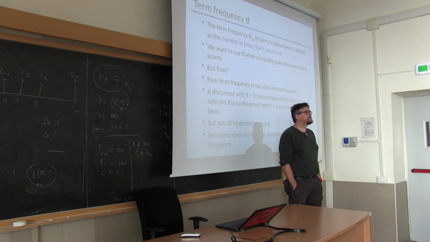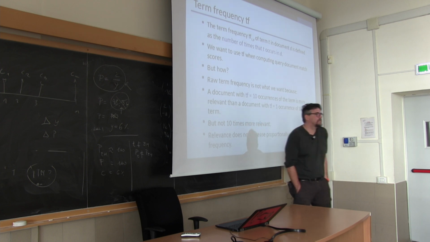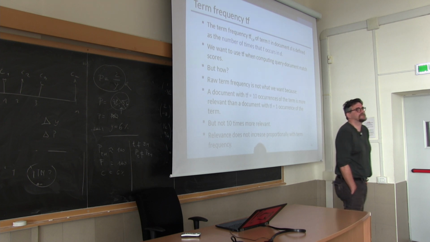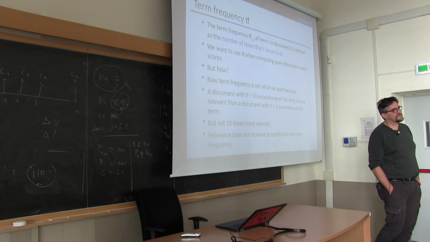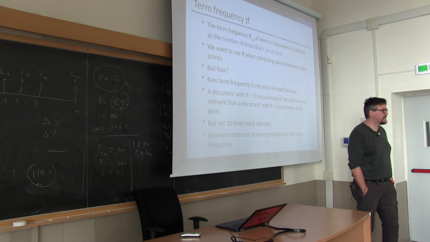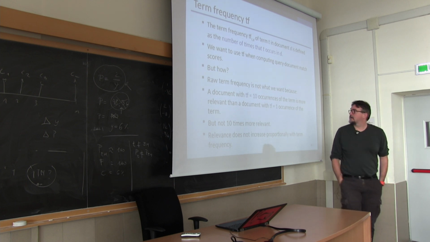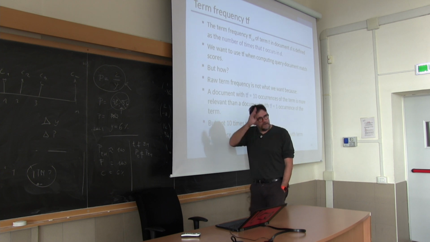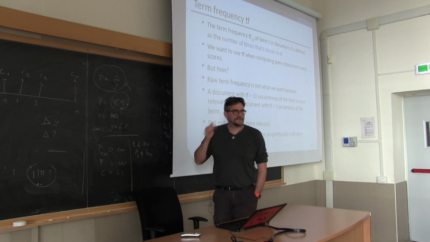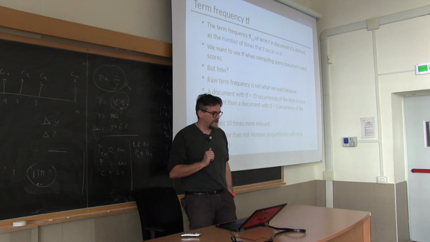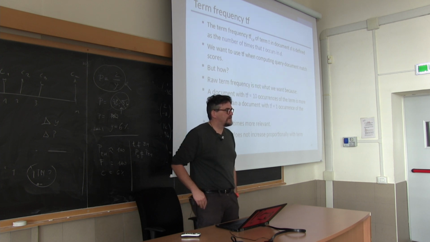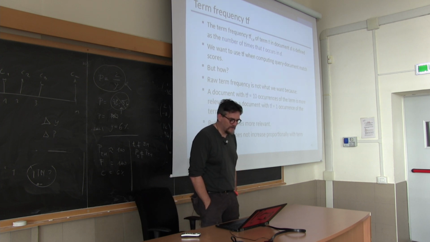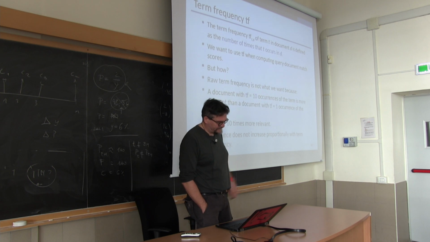Do you remember what the main purpose today is? Rank. In order to rank, we need a score, a number that tells us the position of that document with respect to a given query. So we need a score for the query-document pair, which allows us to rank the documents with respect to a given query. And so TF, the term frequency, is a possible candidate.